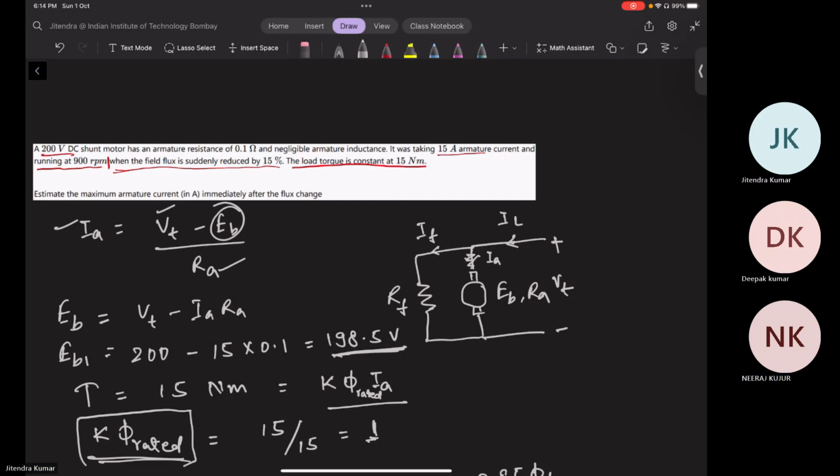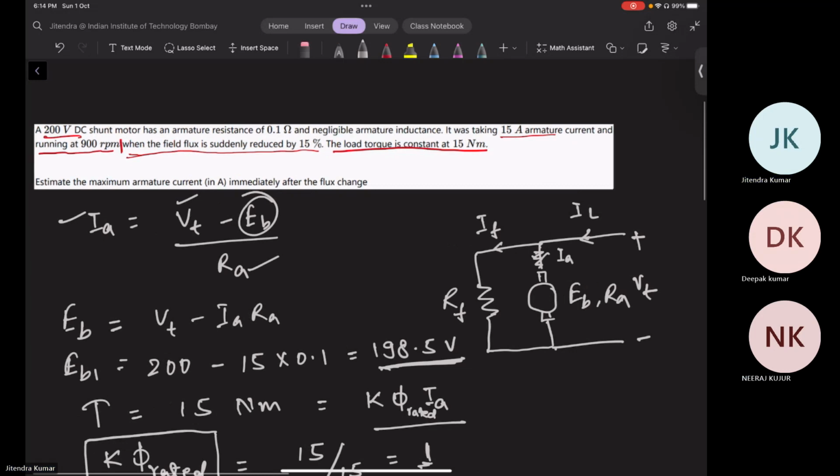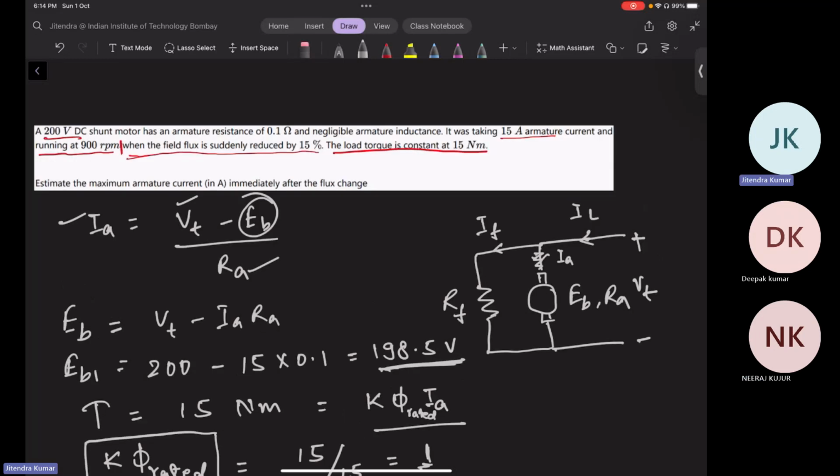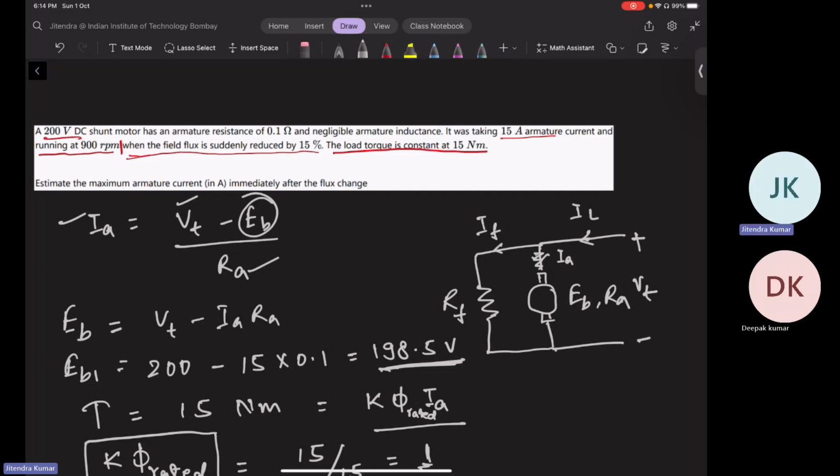Okay, okay, okay. So even if you do not assume the speed is same, what is happening when you are reducing flux, your EB will change, right? If you reduce your flux by certain quantity, what will happen? It will be reflected in back EMF.